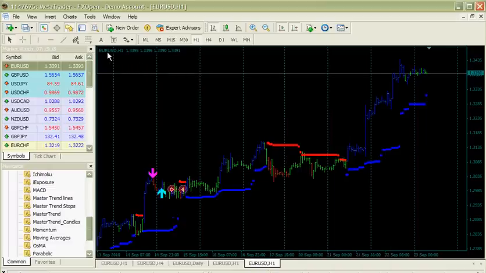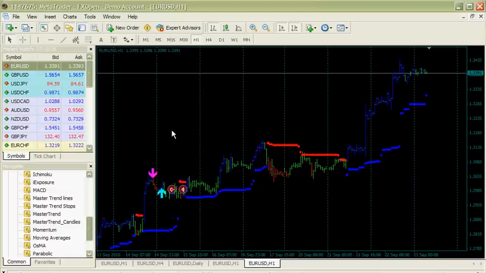What I'm sharing with you here is the EUR/USD on a 1 hour, and as you can see, the system automatically does the calculations and gives you the entry, stop loss points, and the exit points.